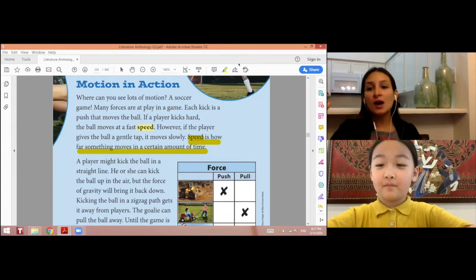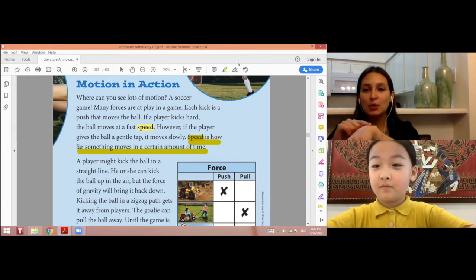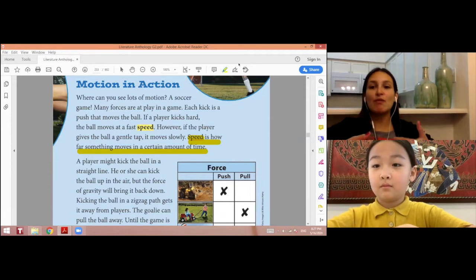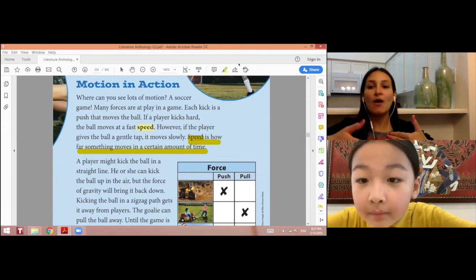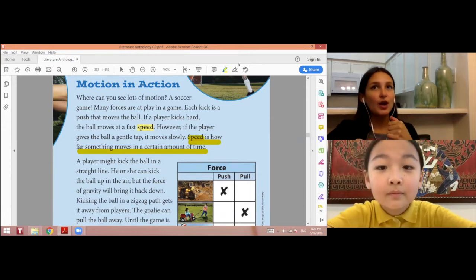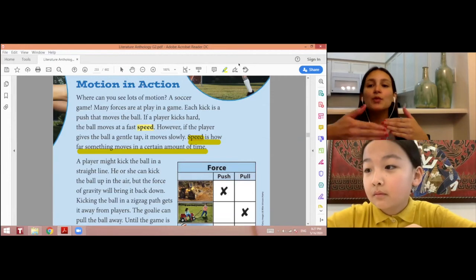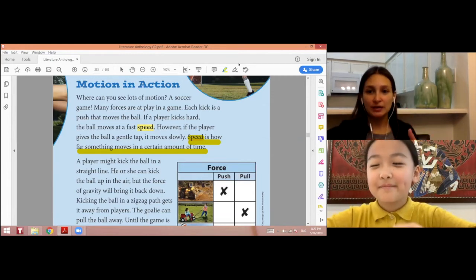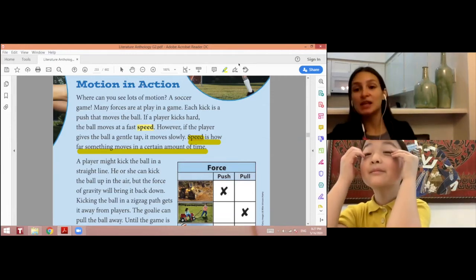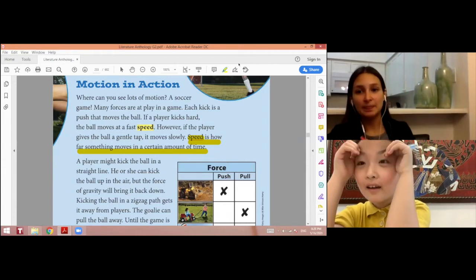So on your watch, you're going to count 1 minute, and you're going to see which turtle gets far in 1 minute. Say that the first turtle moved 10 inches from the start line, and the second turtle moved 20 inches from the start line.